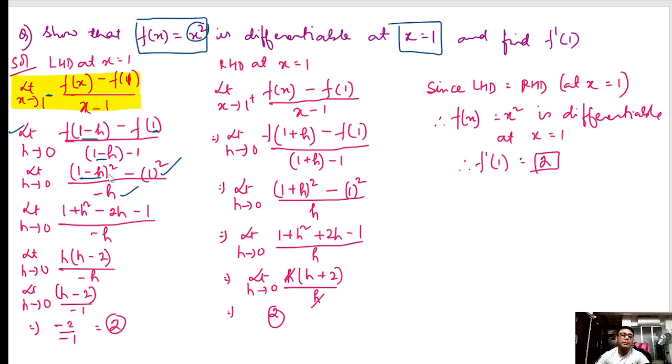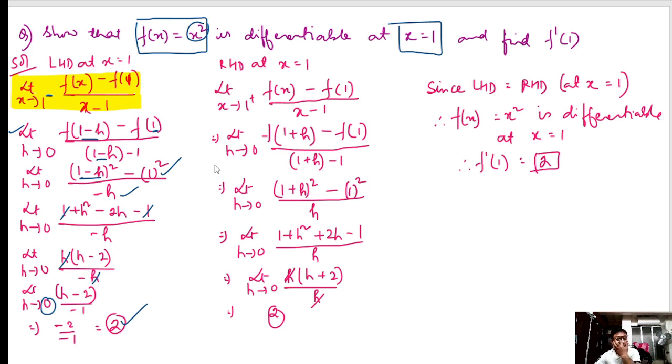Now (a minus b) whole square is this, and this cuts. So taking h common, this h and h cuts, so it is coming as (h minus 2) by minus 1. Now putting the value of h as 0, we get minus 2 by minus 1, which is coming as 2, okay.